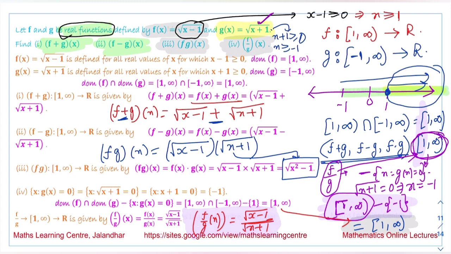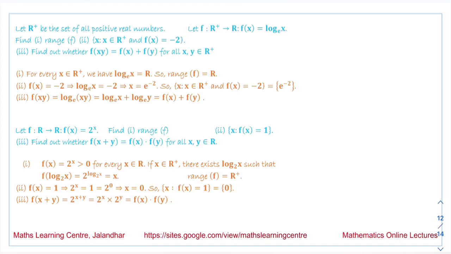Next we have is, let R positive be the set of all positive real numbers. We have defined a function f from R positive to R, and the function is log x to the base e. We have to find the range of f. We have to find those values of x for which x belongs to R positive, set of positive real numbers, and f x is equal to minus 2.